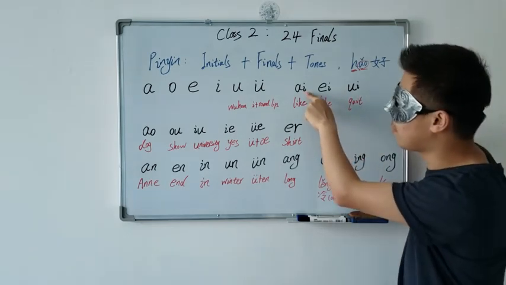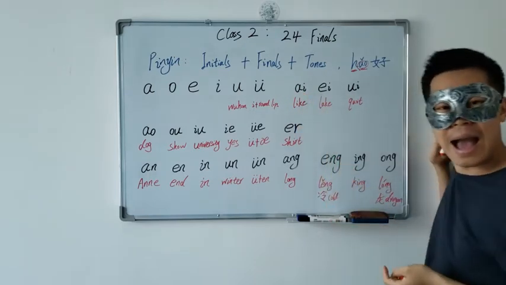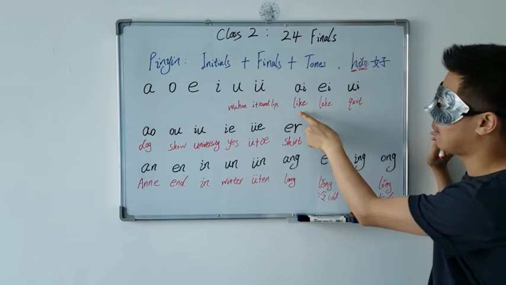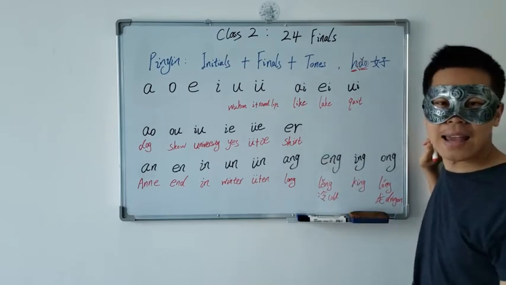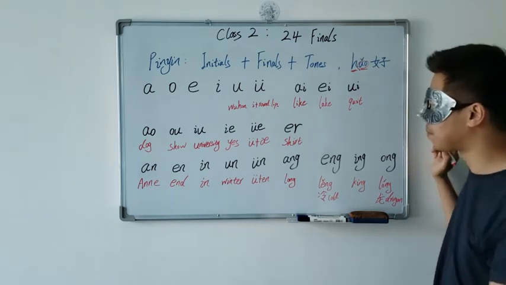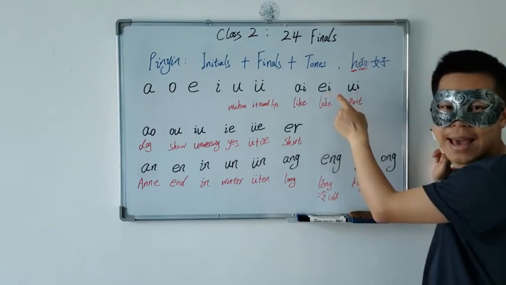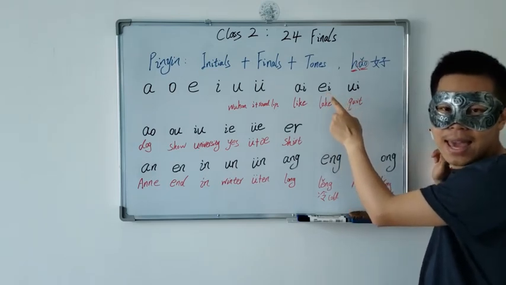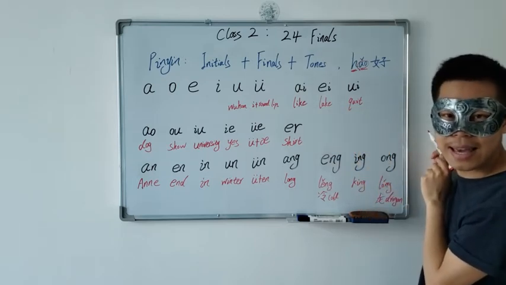So this fixed combined final is I, like the English word I. Okay. The next one, A is pronounced A. It's like lick. A. Okay.